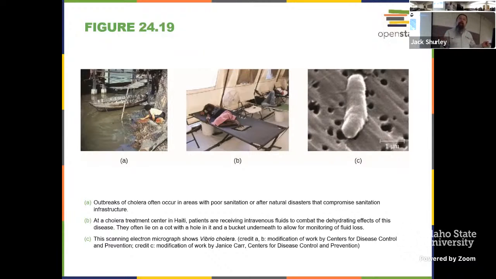Super serious issues, all right? These people need fluid replacement, and they need mass quantities of that to try to deal with this severe dehydration that they are in the grips of. Disturbing, all right?